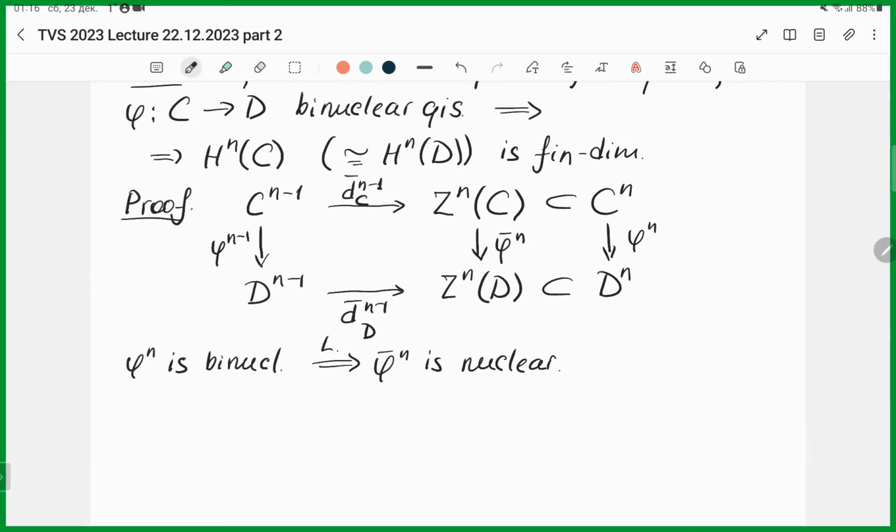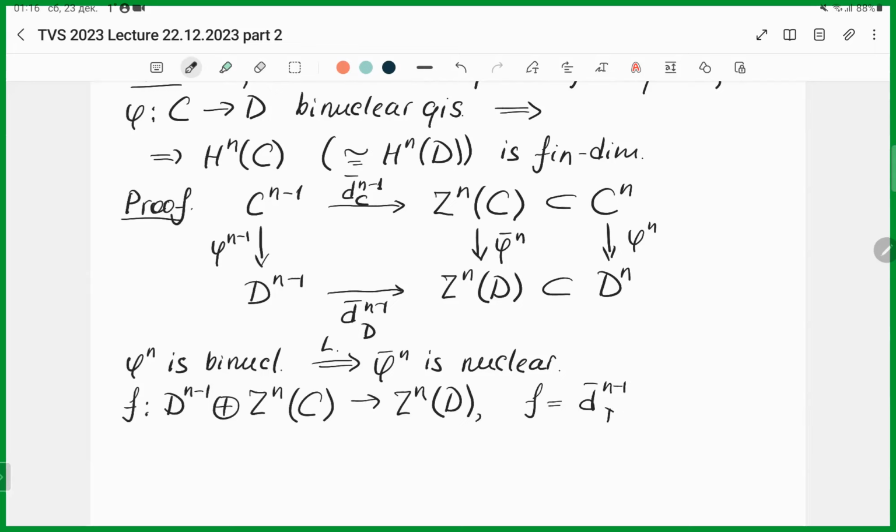Let's consider the following map F, which acts from the direct sum of Dn minus 1 plus Zn of C to Zn of D. This map can be written as the direct sum of d bar n minus 1 plus phi n bar.